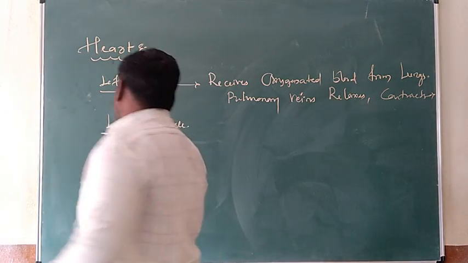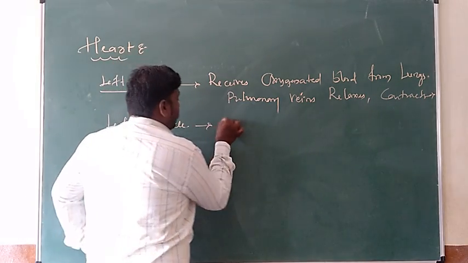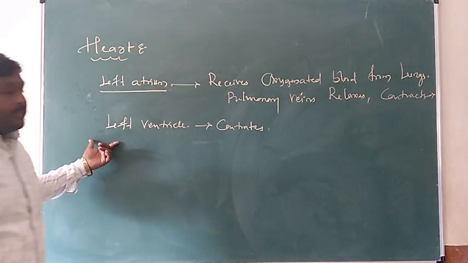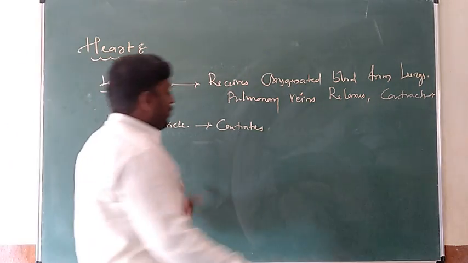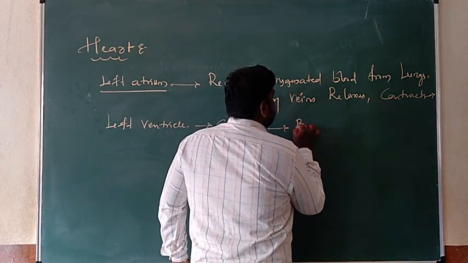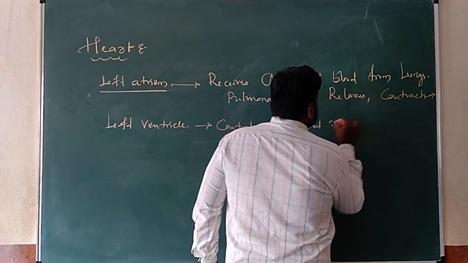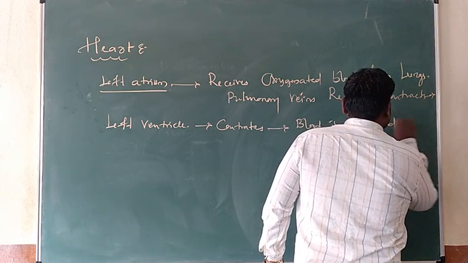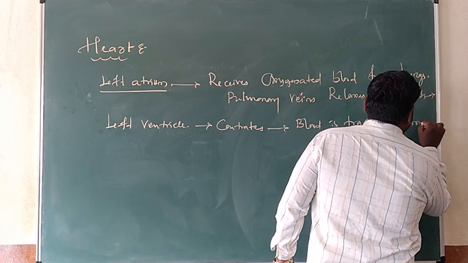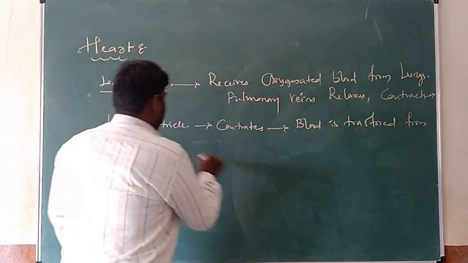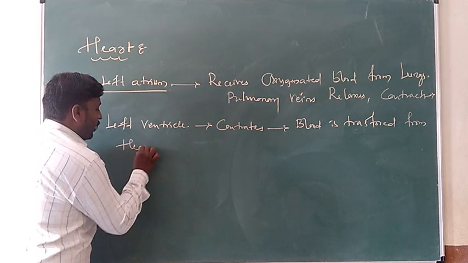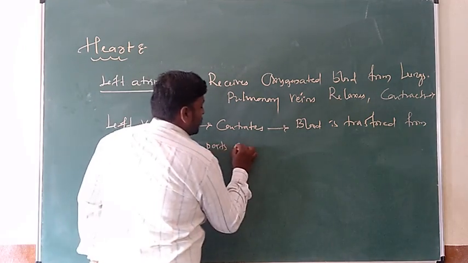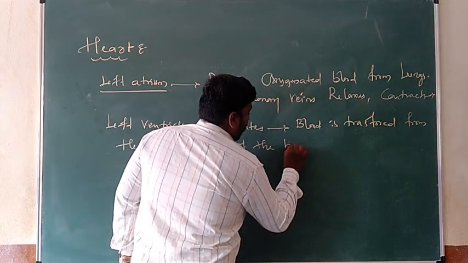Yes, my dear students. Next, the process of contraction takes place where? The left ventricle contracts. What happened? Blood is transferred from the heart to all parts of the body.